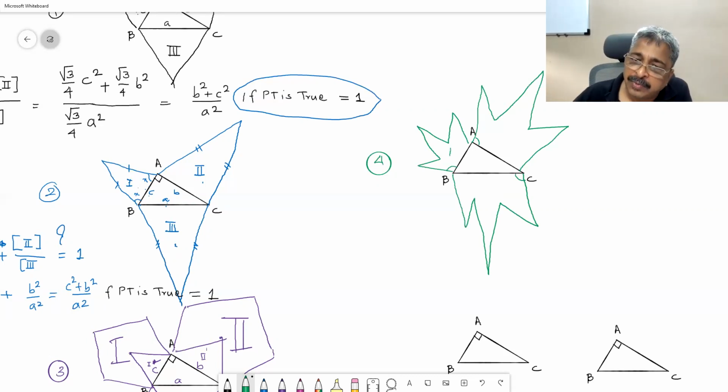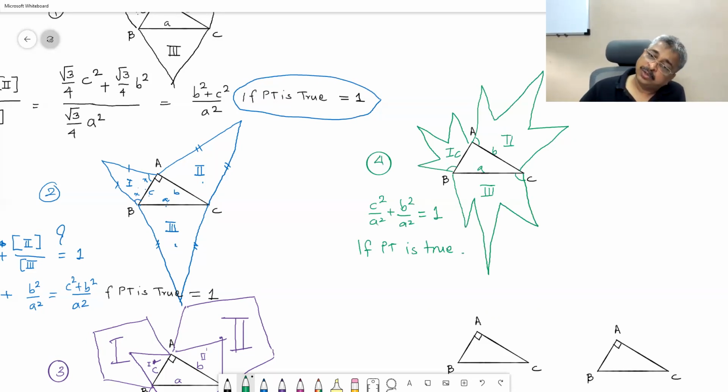And therefore, we can say that for 1, 2, and 3, again, the ratio of areas is going to be the same equation, c square upon a square plus b square upon a square is equal to 1 if Pythagoras theorem is true.